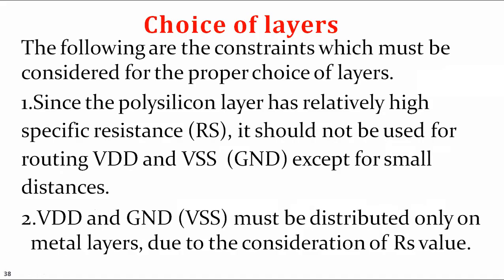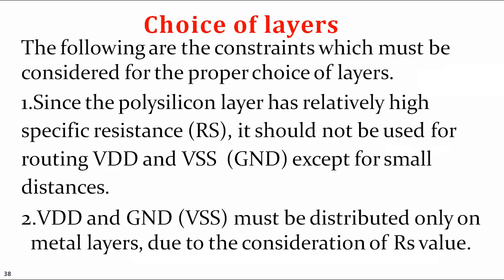Okay, next is the choice of the layers. Already you know that there are 4 layers: the polysilicon layer, n-diffusion and p-diffusion, and one more is the metal layer. The following are the constraints which must be considered for the proper choice of a layer.